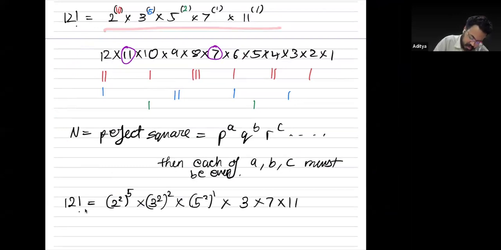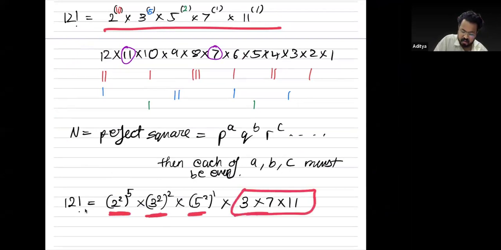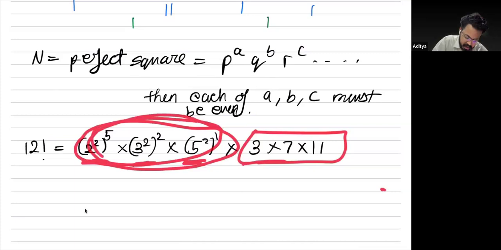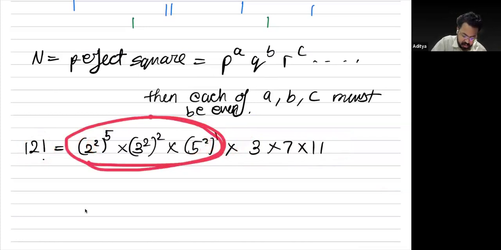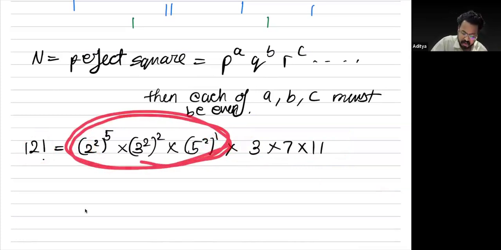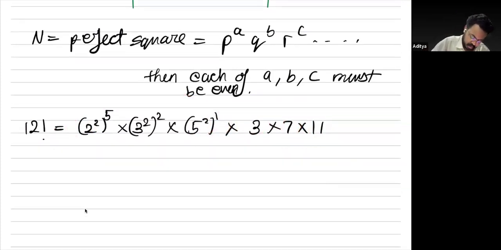Keep this expression in mind. This entire expression has been split into the perfect square parts and whatever remains left over. Now, only this part will actually help us figure out the number of perfect square divisors of 12 factorial. Any divisors that include the factors 3, 7 and 11 will not give us perfect squares because they will be adding up an odd number of times.